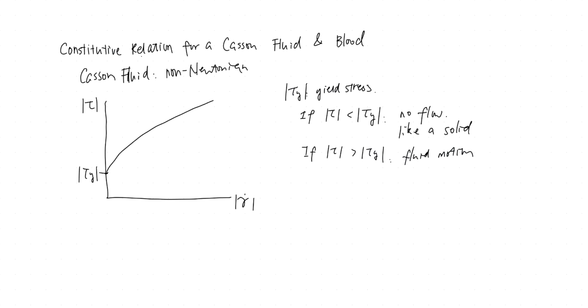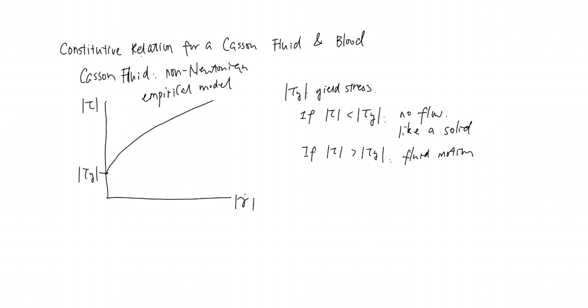When we talk about the constitutive relation for a Casson fluid, a curve like this is not derived from first principle. It's rather an empirical relation, an empirical model, which means it can be fitted from experimental data or from other empirical experience.